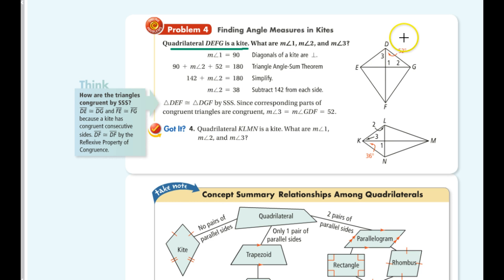In the diagram, they already give you that angle GDF is 52, so by the triangle sum theorem, we add 90 and 52 together, then subtract that from 180. We will get the measure of angle 2, and it turns out to be 38 degrees.